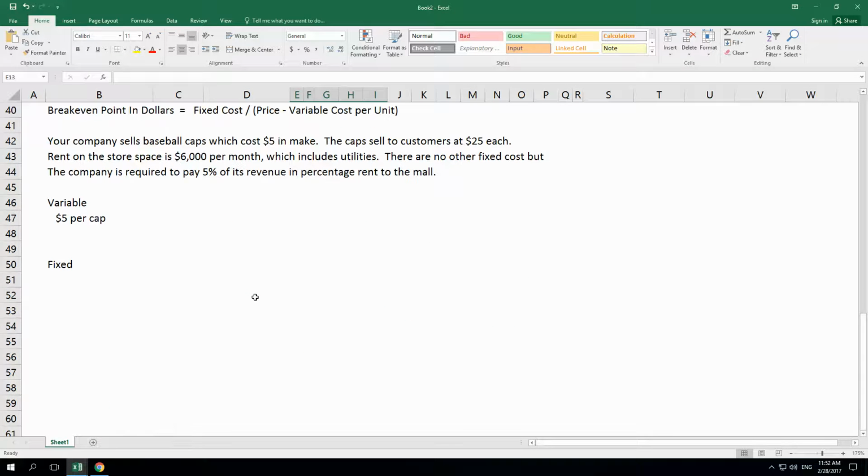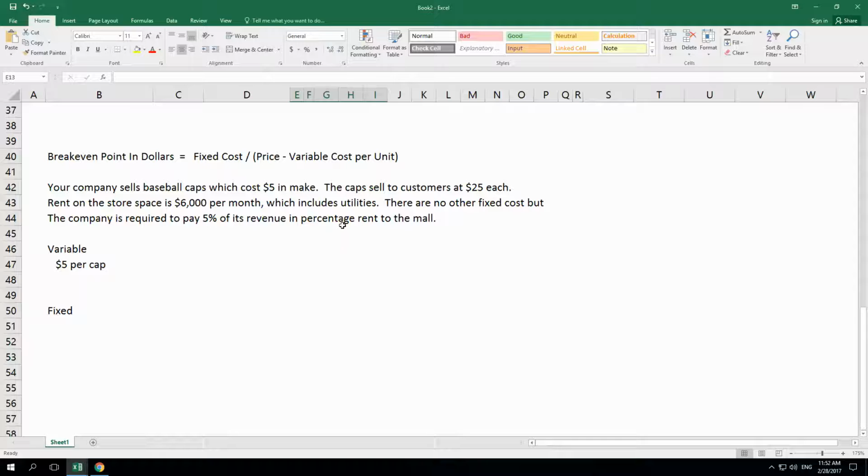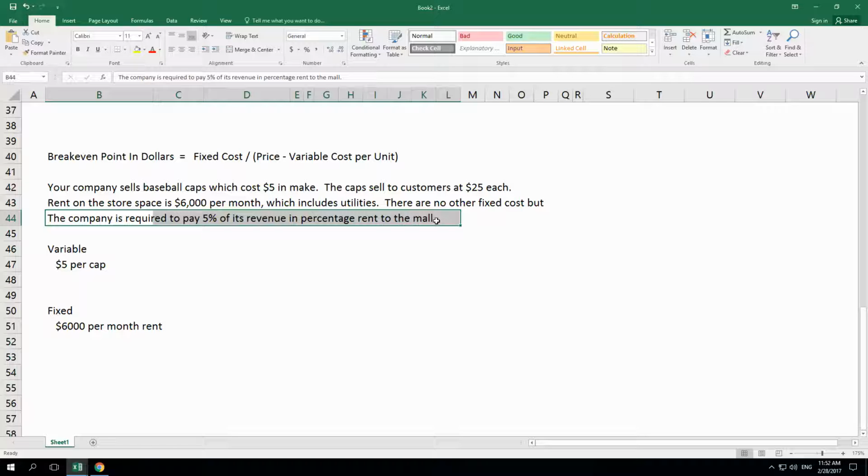Now fixed cost ends up being the $6,000 per month. There could be several fixed costs, but we'll just take that one: $6,000 per month rent. Now, this 5% is also a variable cost, because for every cap that you sell, every $25 in revenue, you're going to pay 5% of that back to the mall.